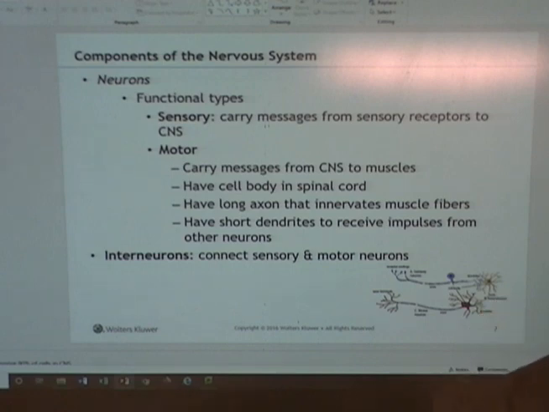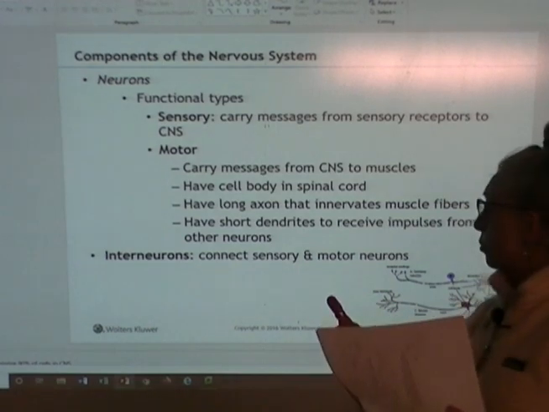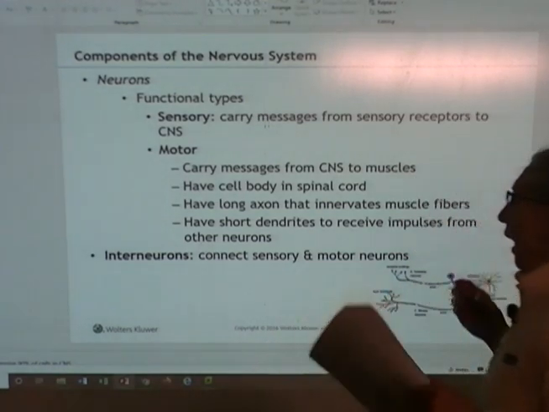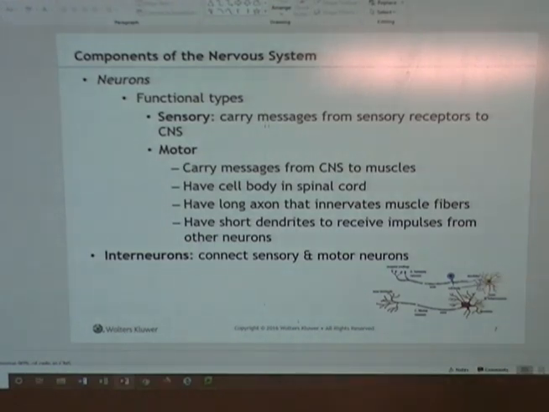So our functional types are sensory nerves, and they're responsible for taking the message from a sensory organ and transmitting it to the central nervous system. And then we have motor neurons, which are responsible for taking the message from the central nervous system to the muscles. All right?